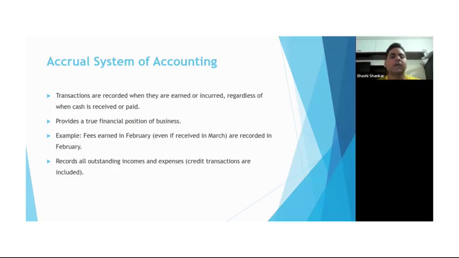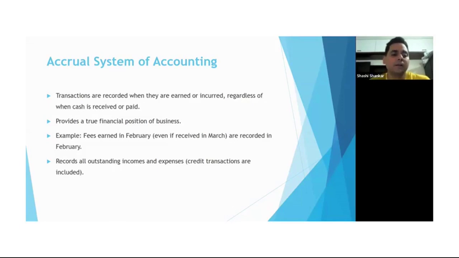Second point, the cash system of accounting is very straightforward, and any individual or small business can use it. However, the accrual system requires some more understanding of accounting, because it is based upon the outstanding. Even though it's outstanding income or expenses, it has to be recorded in the books of account. As far as the true financial position is concerned, only the accrual system will give the true financial position of the business instead of the cash system.